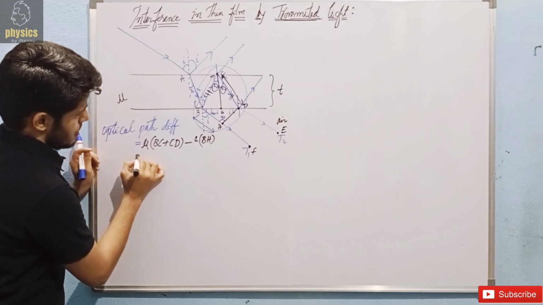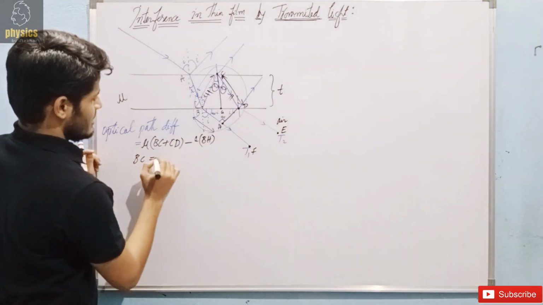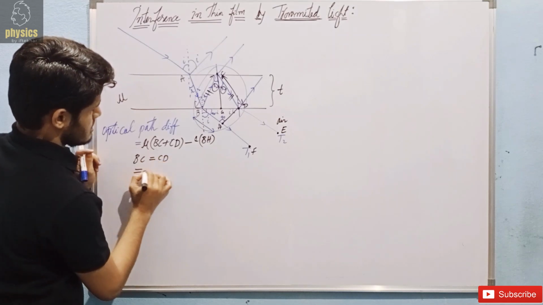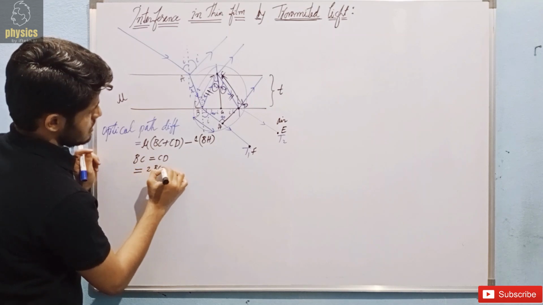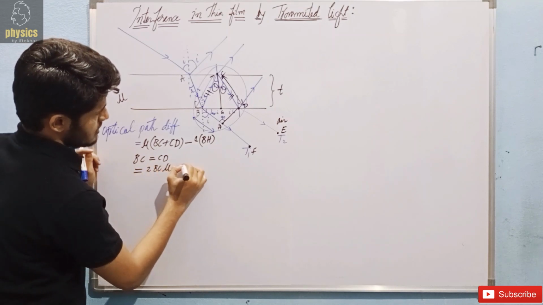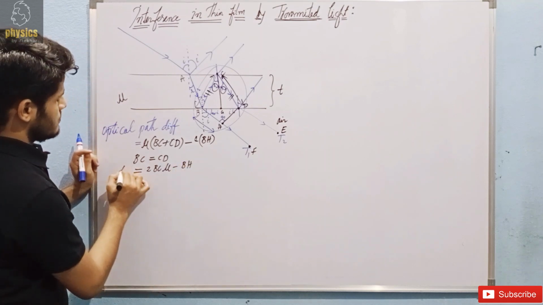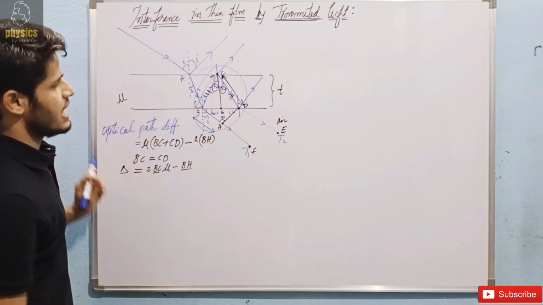In other words, BC is equal to CD. If that is the case, I can write 2BC mu minus BH. This is the path difference. I have to find out the value of BC and BH.